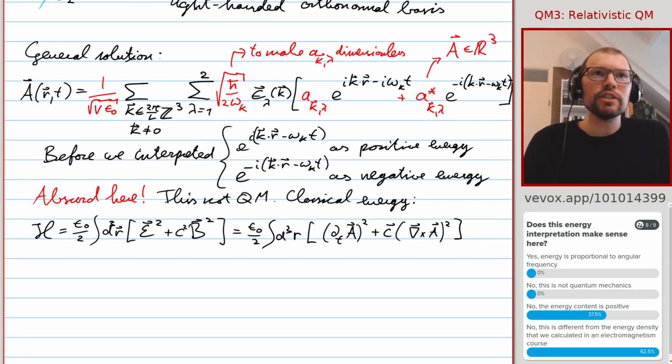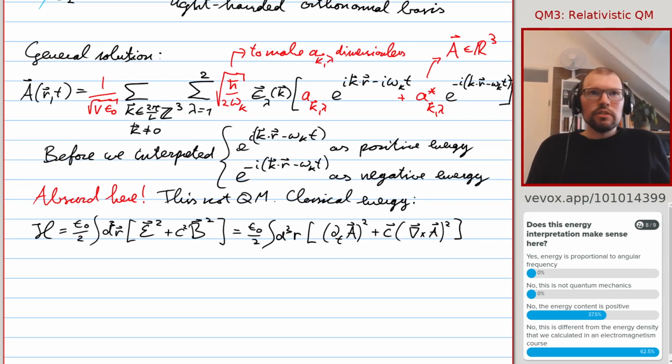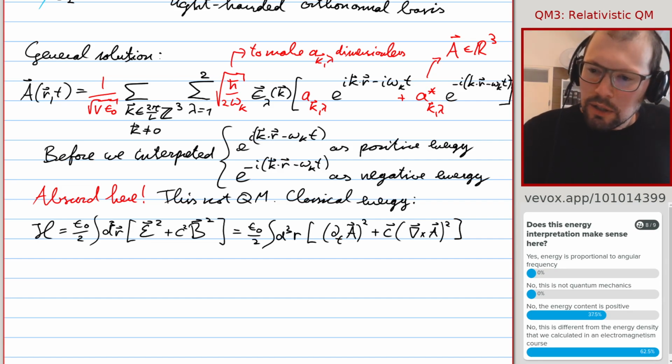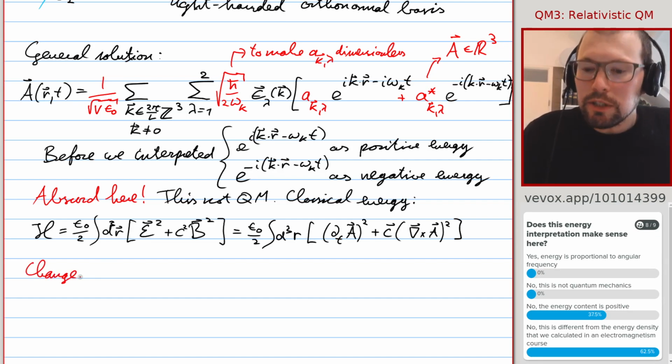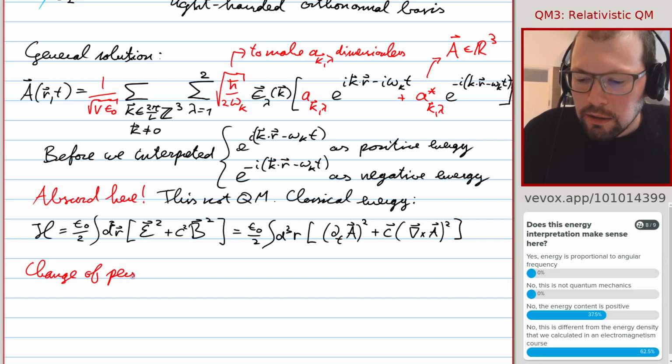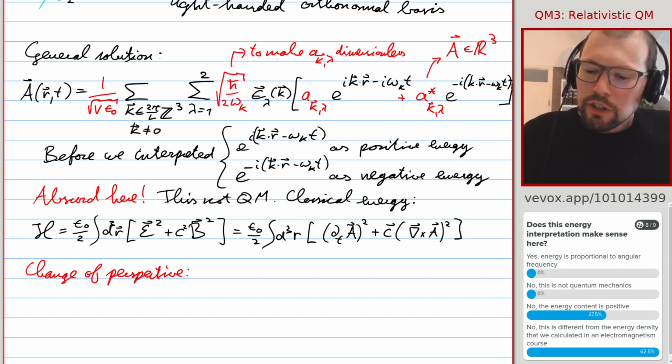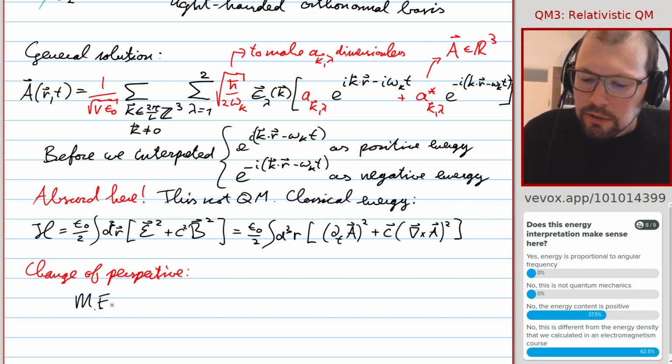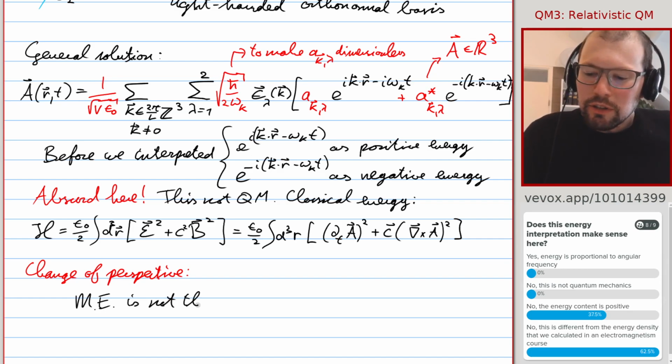Now, this particular realization really allows us to change our perspective on where one might be able to find quantum mechanics in all these nice relativistic wave equations, based on this particular example in terms of electrodynamics. So this wave equation, the Maxwell equation, well, it's clearly not the wave equation of a wave function.